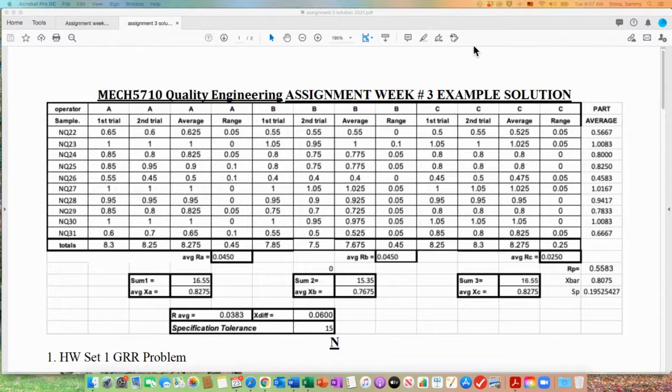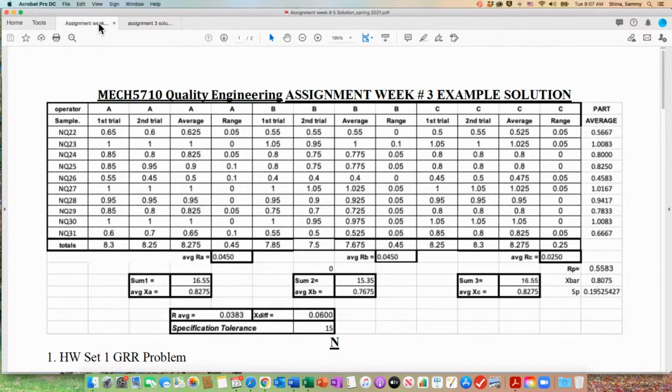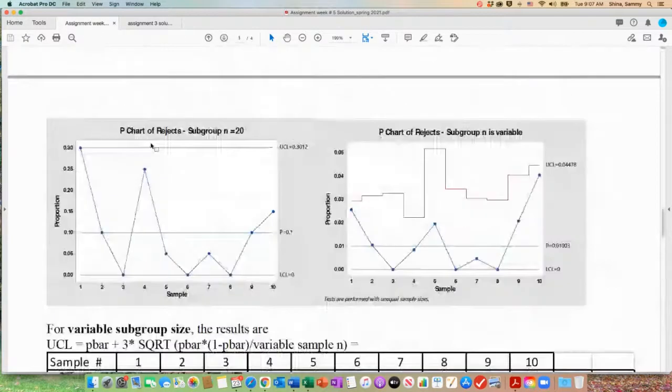MECH.5710 Quality Engineering course. Tonight we're going to talk about the use of Minitab to solve some of the problems that we worked on during the semester. In particular, solving the problems of week 3, that is using GR&R, and week 5, which is the control charts.